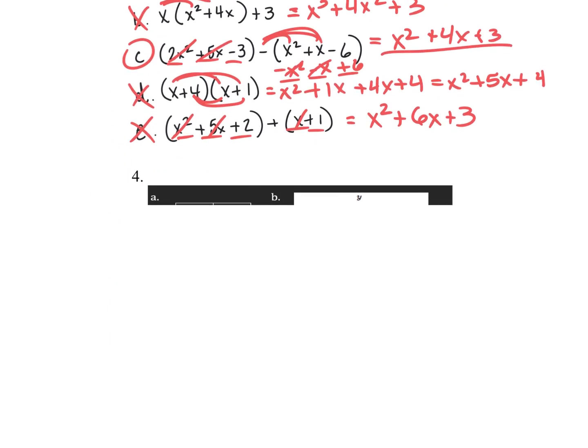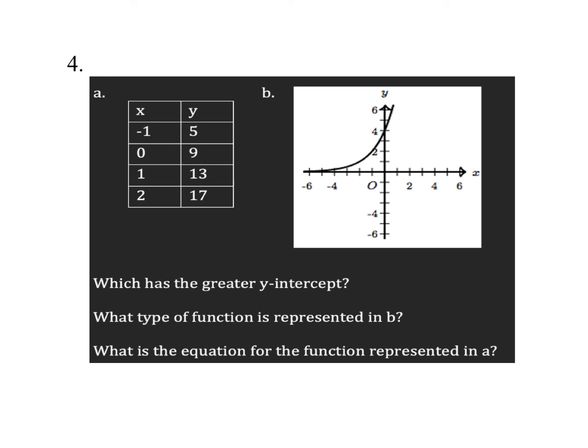All right, last one. We're comparing a table of values to a graph. And this is common on the TN Ready. They want you to be able to compare these two different types of representations.